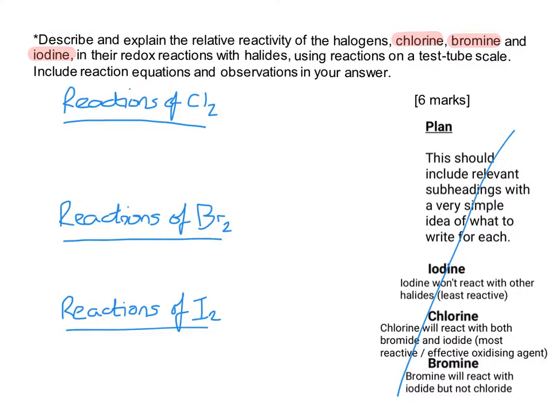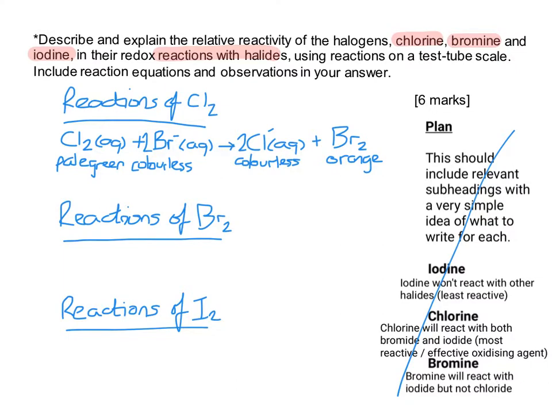So, when it says reactions with halide, what it means is the reaction of that halogen, or not, as the case may be, with all the other halides. So you need chlorine plus bromide and iodide, just like we demonstrated. You can start by doing the equation for chlorine reacting with bromide.